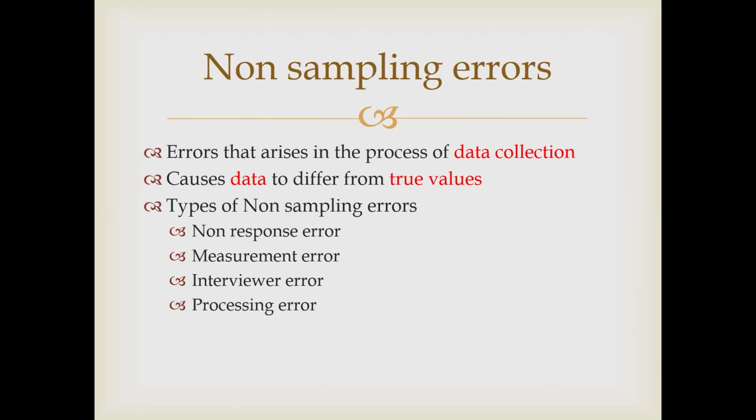Processing error. When you are doing the calculations, entering the data into the computer, or giving data processing commands in the software, you may make mistakes. All these mistakes are due to data collection, not sampling.